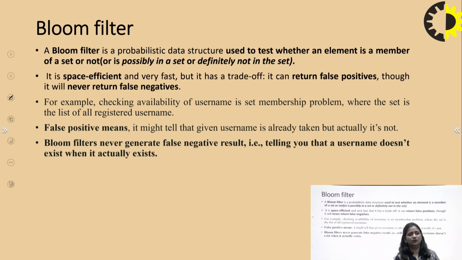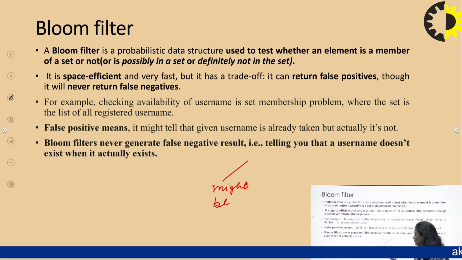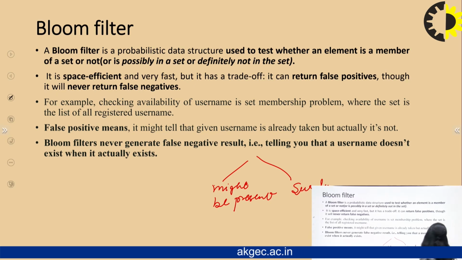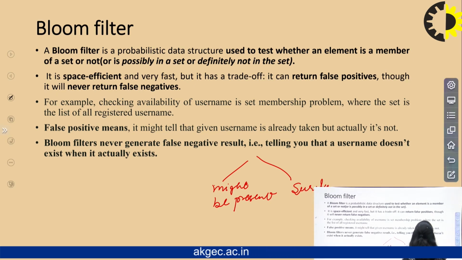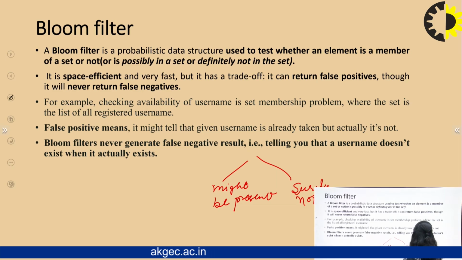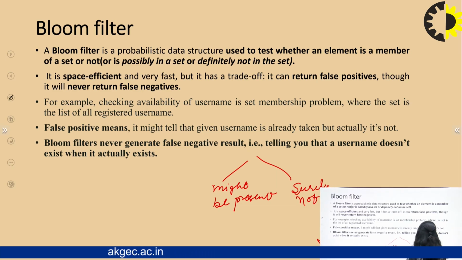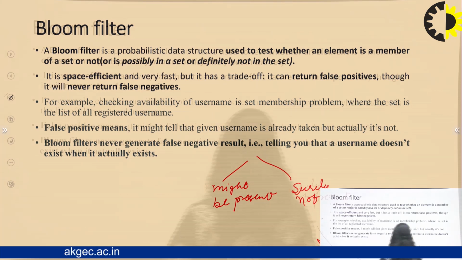There are two results that a Bloom filter will produce: it might be present, and surely not present.